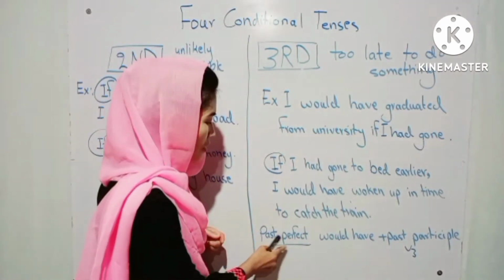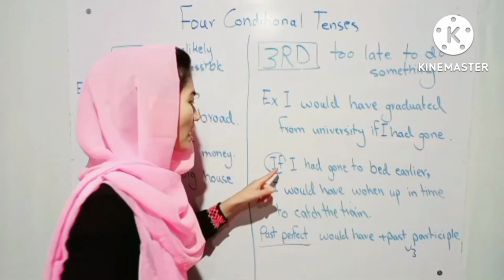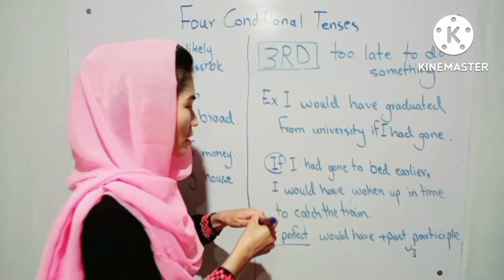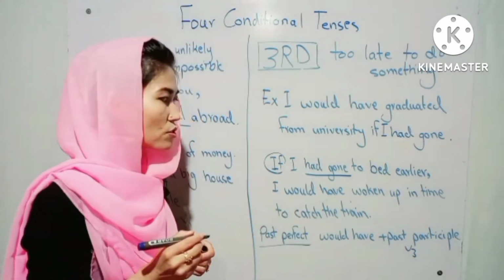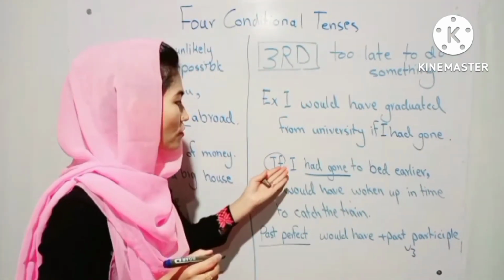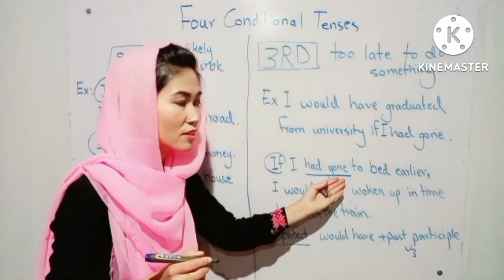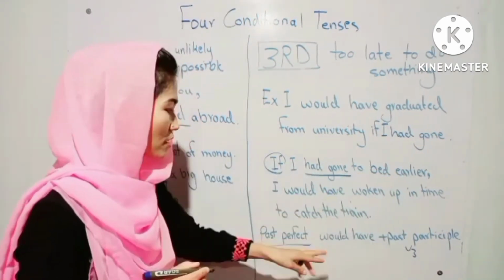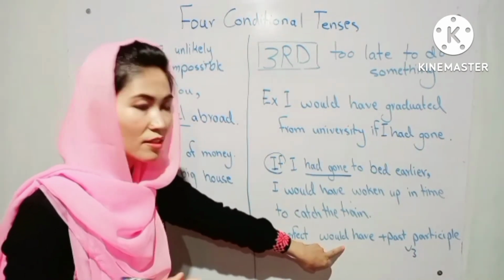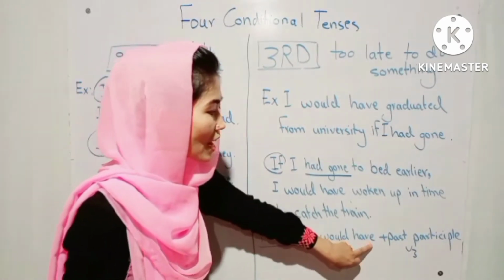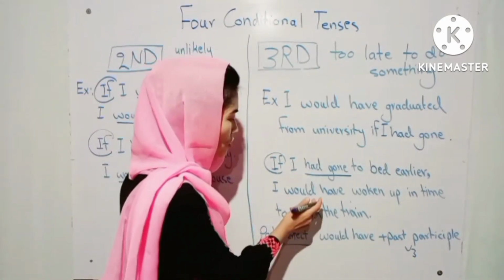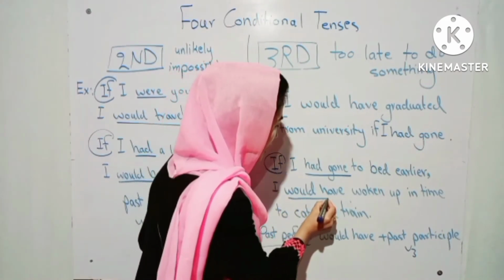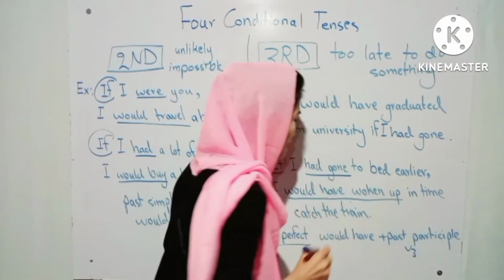So, past perfect, if I had gone, is the structure for past perfect. If I had gone to bed earlier. The second clause we use would have plus past participle. I would plus have plus past participle.